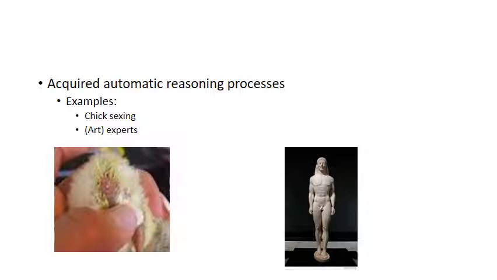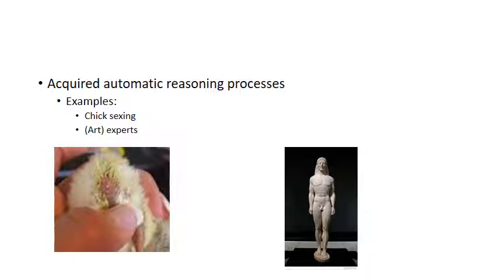In fact, many of the learning tools you acquire are to make certain cognitive tasks easy and automatic. A good example of that is chick sexing. That means determining the sex of very young chicks, so they can be small roosters or they can be chickens.